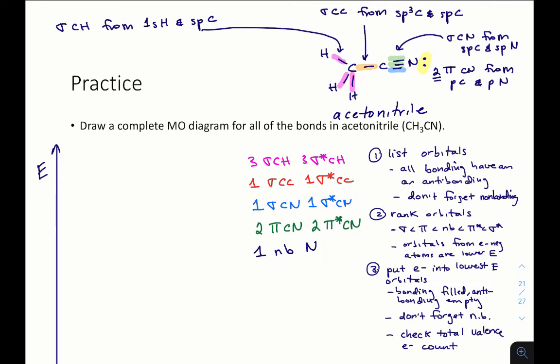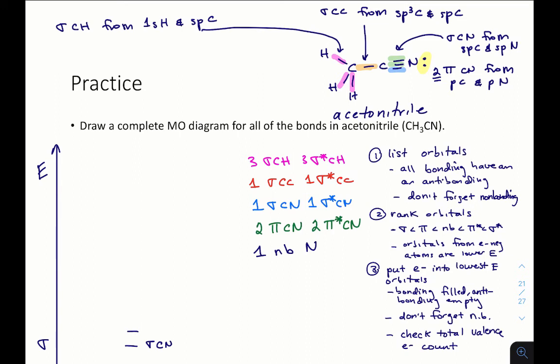Now that we've listed the orbitals, we can rank them in terms of their energies and put them on our diagram. The lowest energy orbitals are the sigma orbitals. Among that group, the lowest energy orbital will be the sigma CN. That is because nitrogen is more electronegative than carbon.